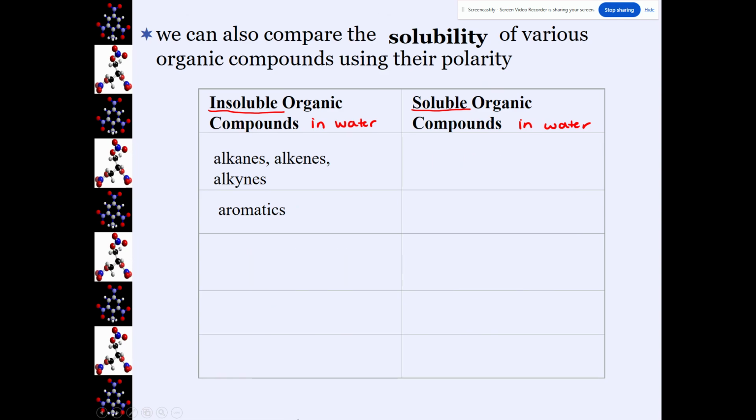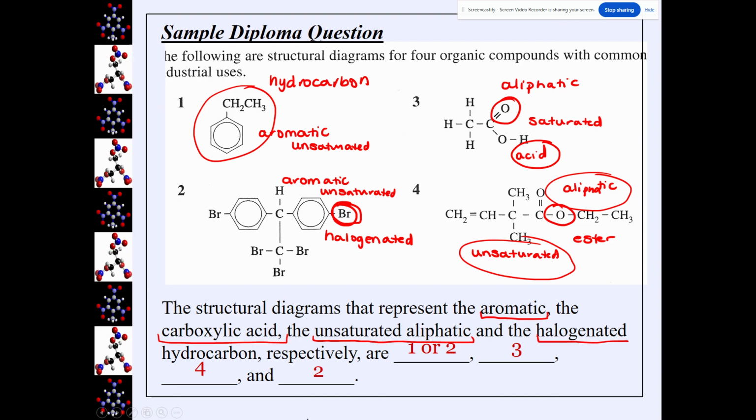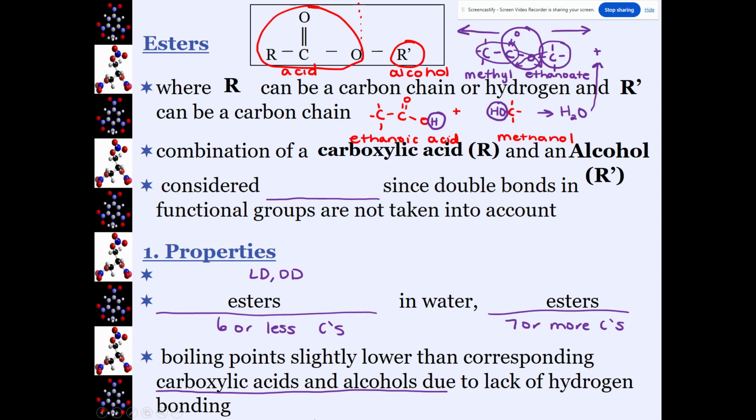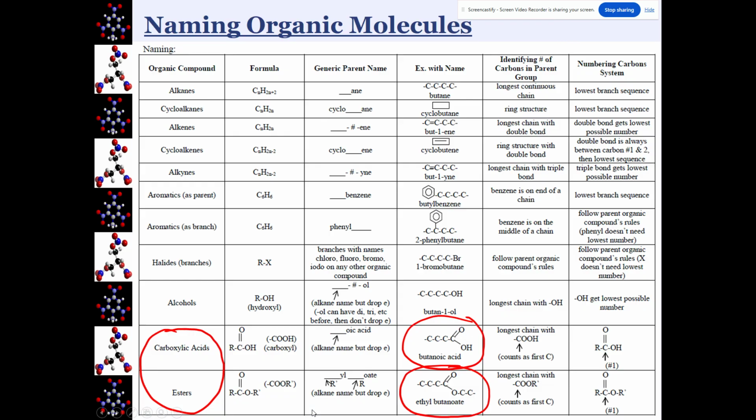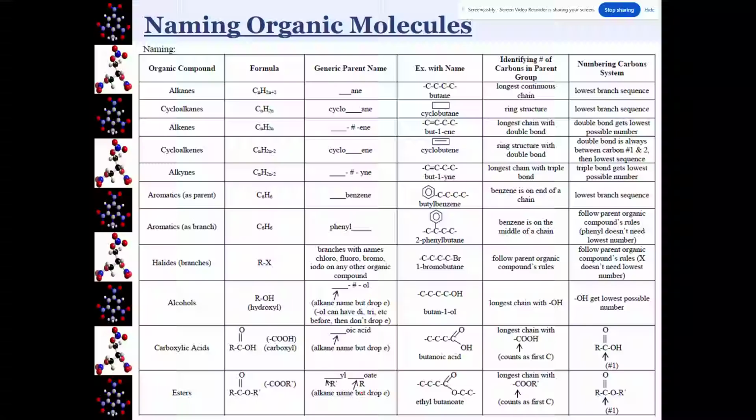I'm actually going to go back and leave you with this chart here, which is a summary of all of the organic compounds. Now, I let my students use this on quizzes, but you're not allowed to use it on unit tests or the diploma. So this is essentially something you kind of have to memorize, okay? The generic formulas for everything, the generic parent naming system, an example with a name, how to identify the number of carbons in your parent group, and how to number the carbons, okay?